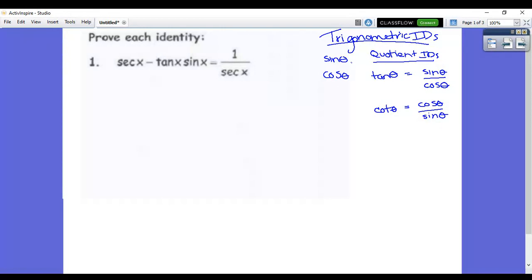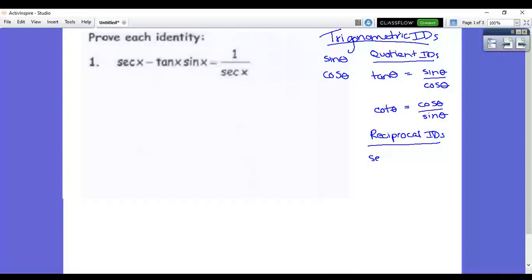So then you have your simple ones, you have your quotient IDs, and then you have what are called reciprocal identities. I don't know if you remember those. Reciprocal IDs. And so these ones include, let me move it a little over here.